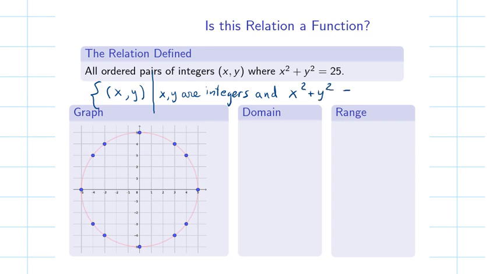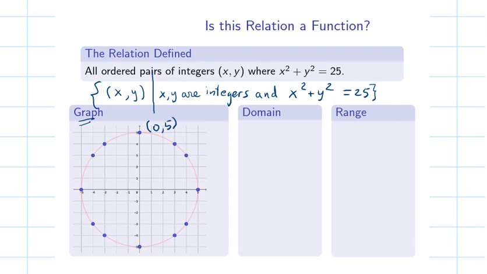They have to be whole numbers, integers, and they have to make this equation true: the square of x plus the square of y is 25. And that's a description of the relation in set builder notation.